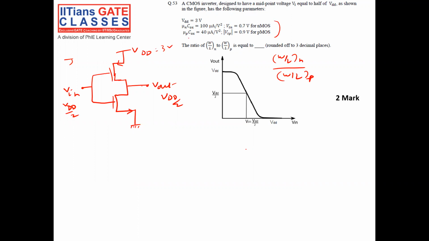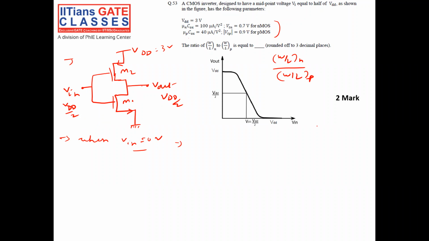So first thing you try to understand, guys, since my input is changing, when V in is equal to 0 volt, what will happen? This is NMOS M1 and PMOS M2. NMOS will be off because the gate is 0.